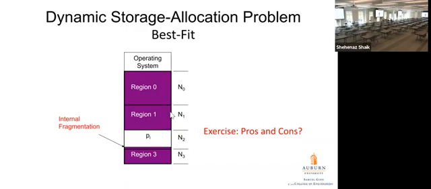We need to go over all the partitions and holes to identify which of them is free and which of them leads to the least amount of internal fragmentation. So that is one overhead, because we need to go over all the partitions in memory for each request. That is a big overhead.